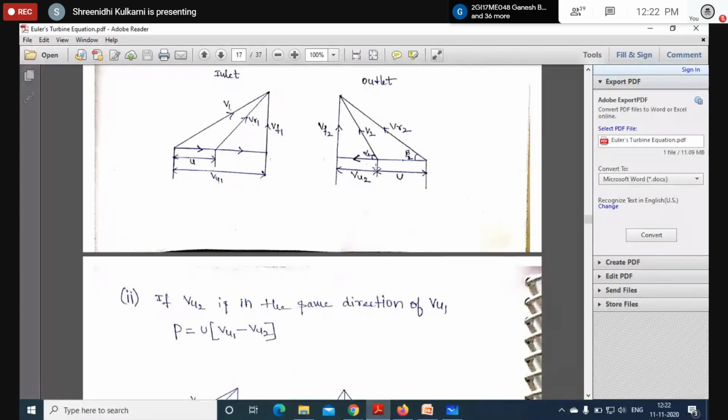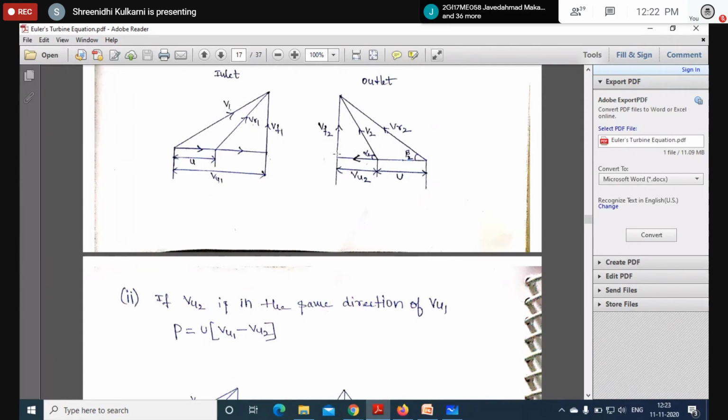Suppose while solving, if you are getting VU2 as a negative value, then we have to modify the outlet velocity triangle.